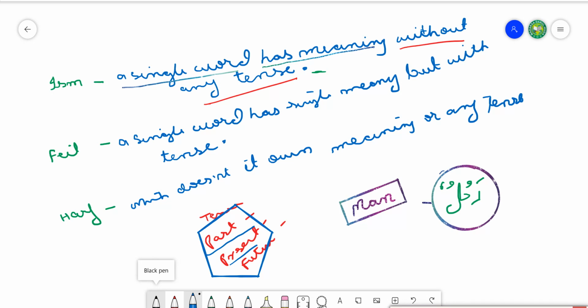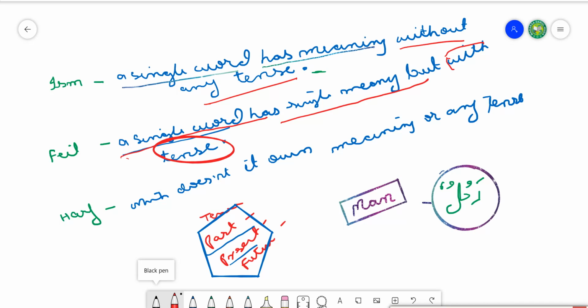Now let's come back to the fail. Fail is also a single word, similar to ism. It does also have a meaning similar to ism but with tense. So that's the main difference between the ism and fail.